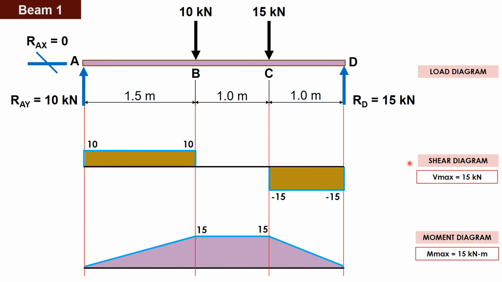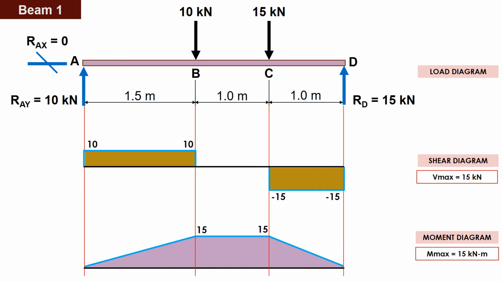So, let us have problem 1, or our beam 1. Here again is our load diagram, then the shear diagram, wherein we have already identified the maximum shear value, which is 15. And from the moment diagram, the maximum moment is 15.